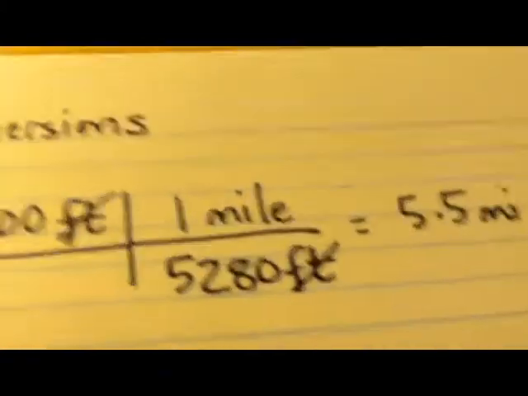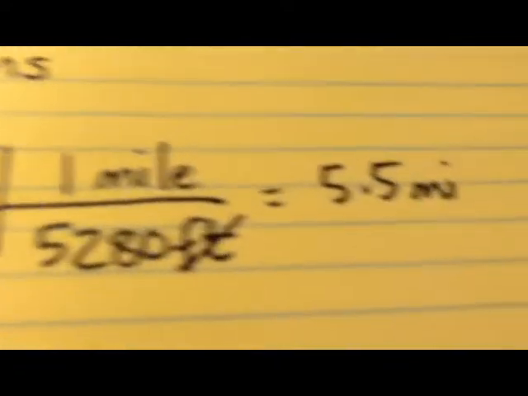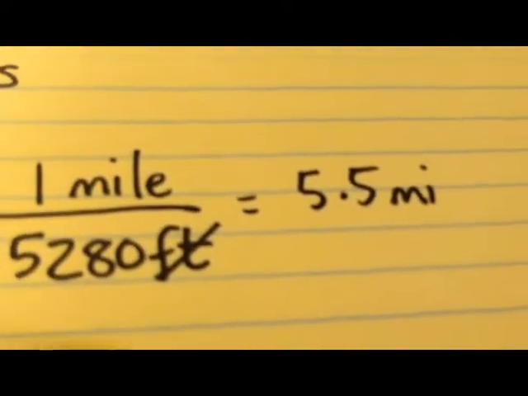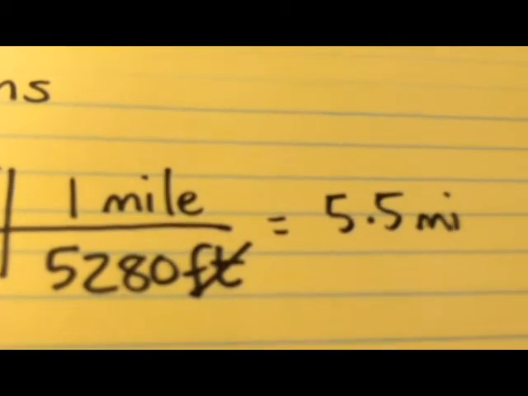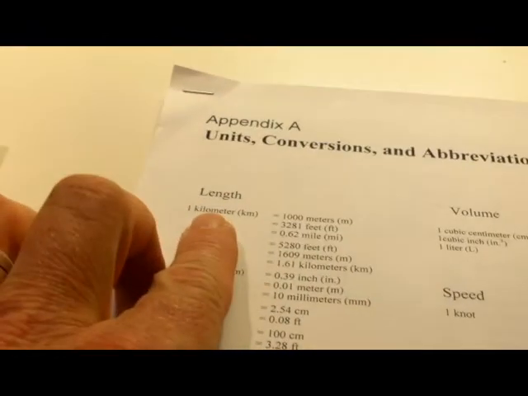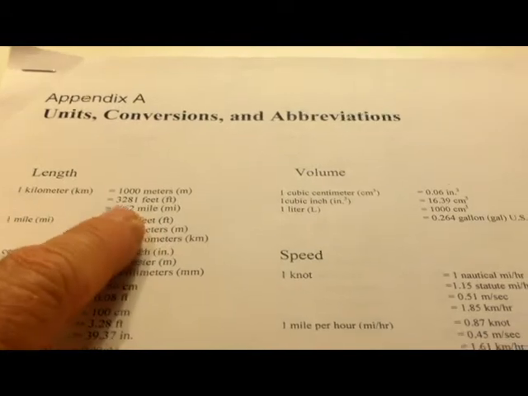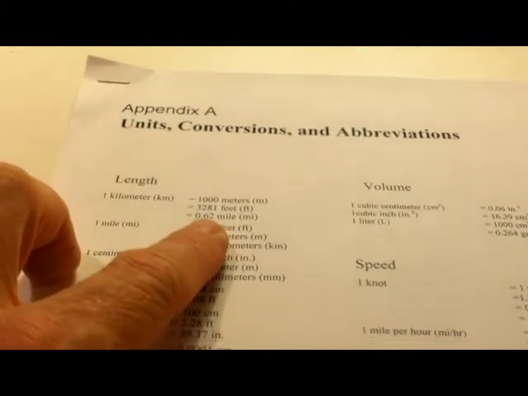So we can say then that Mount Everest is approximately 29,000 feet, or about 5.5 miles. We've just converted. Now we may want to put this into the metric system. We know from Appendix A that 1 kilometer is the same as 0.62 miles.